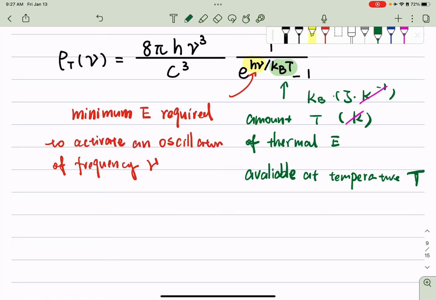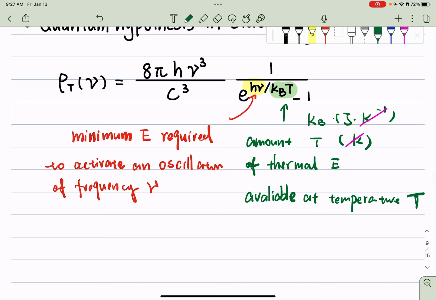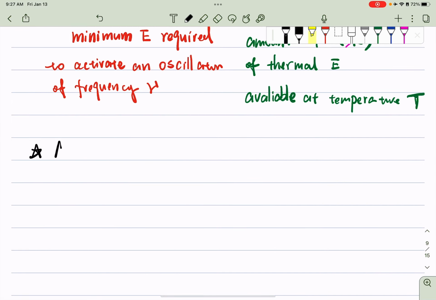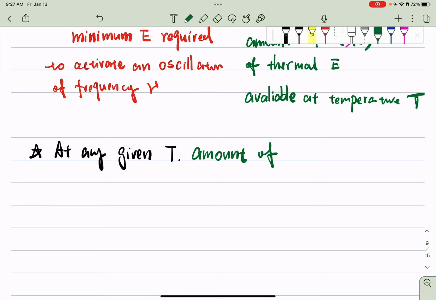So what this exponential term gives us is actually a probability. What that means is, at any given temperature, the amount of thermal energy, KBT, is a fixed value.